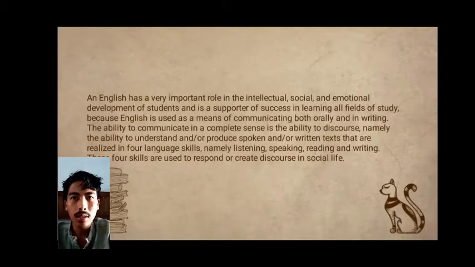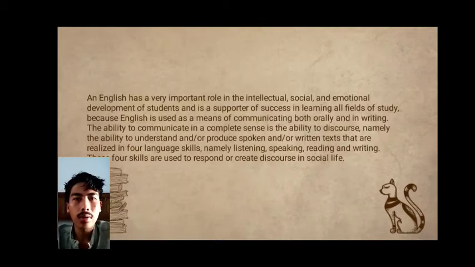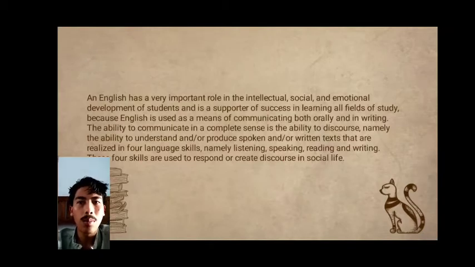English has a very important role in the intellectual, social, and emotional development of students and is a supporter of success in learning all fields of study, because English is used as a means of communication, both orally and in writing.